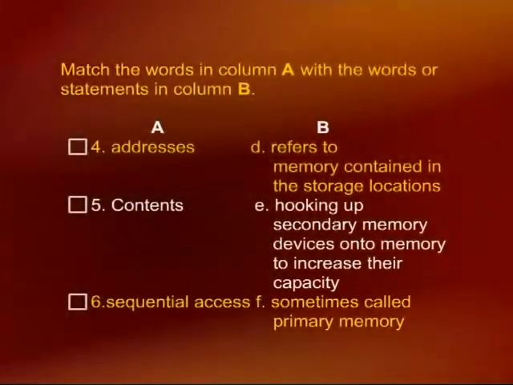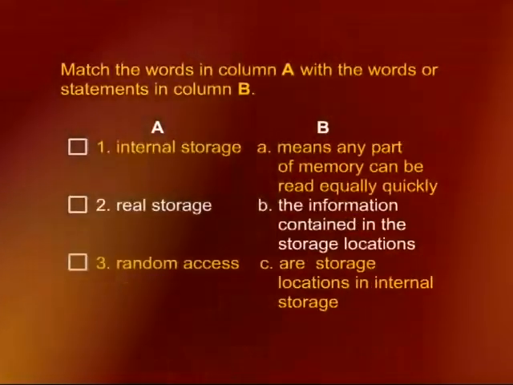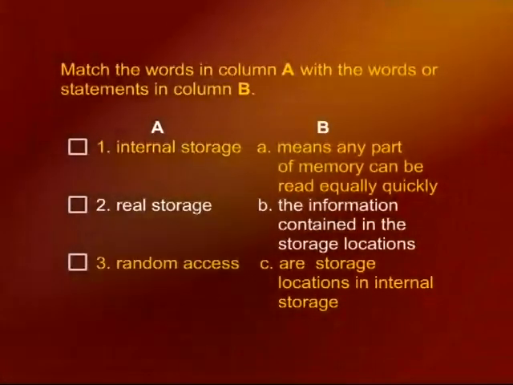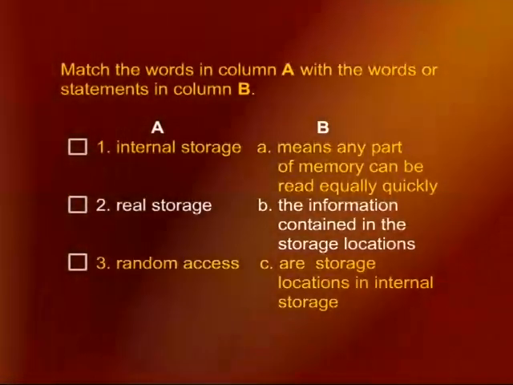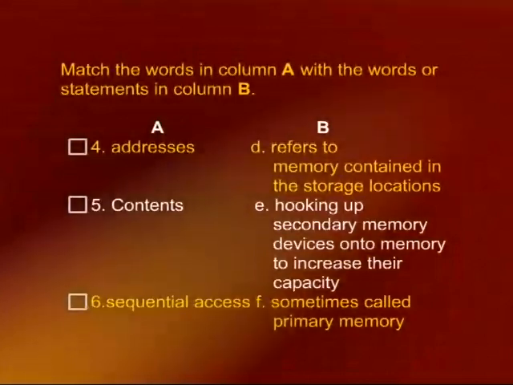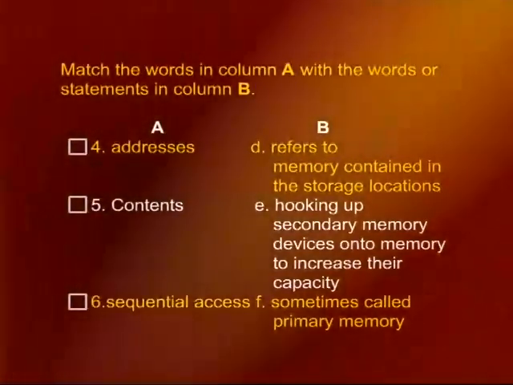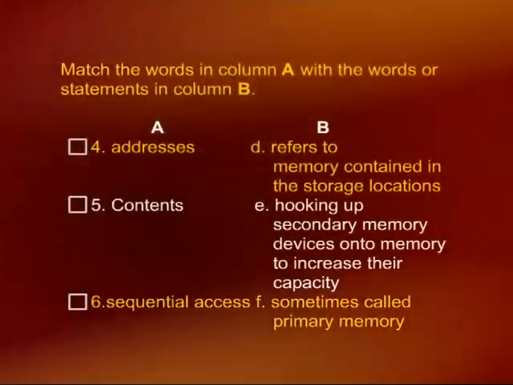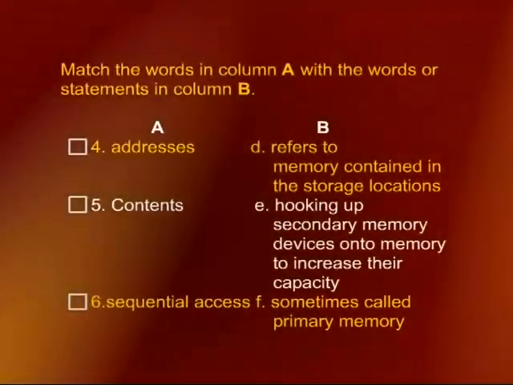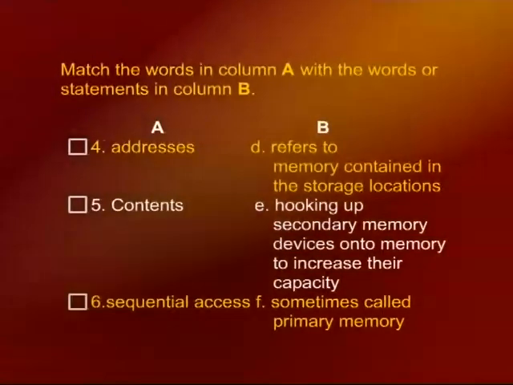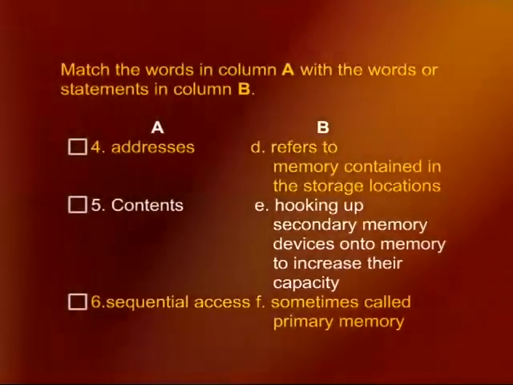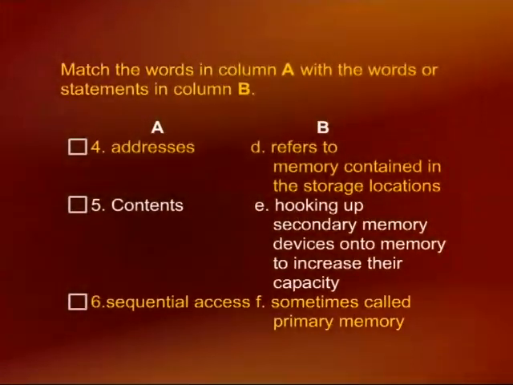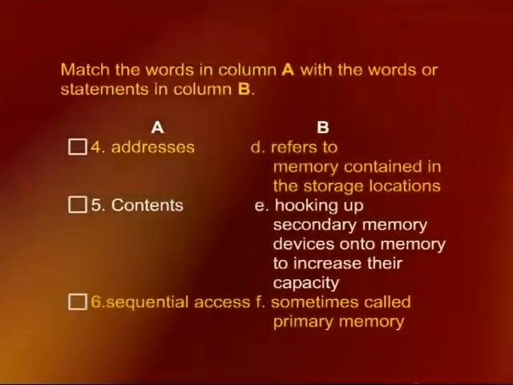Right? Now let's look at number 2. Number 2 says real storage. Real storage means any part of memory can be read quickly and equally. B, the information contained in the storage locations. C, D, E, hooking up second. Sometimes it is F, sometimes called primary memory, right?